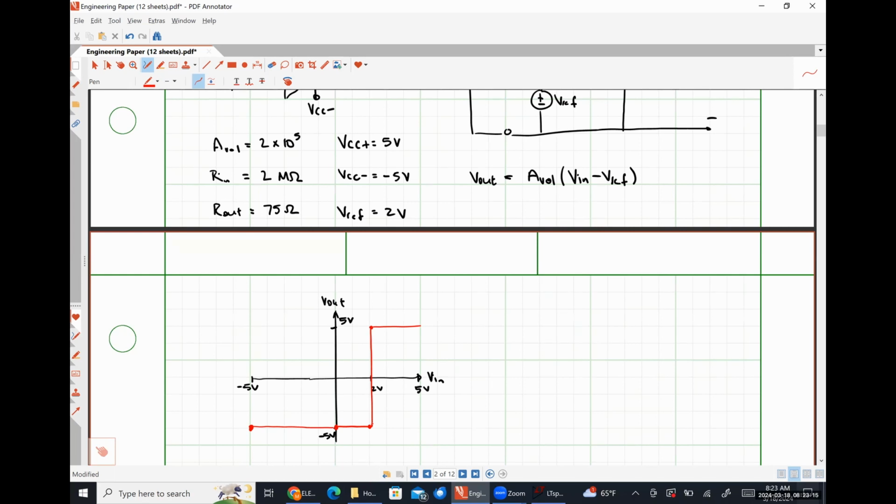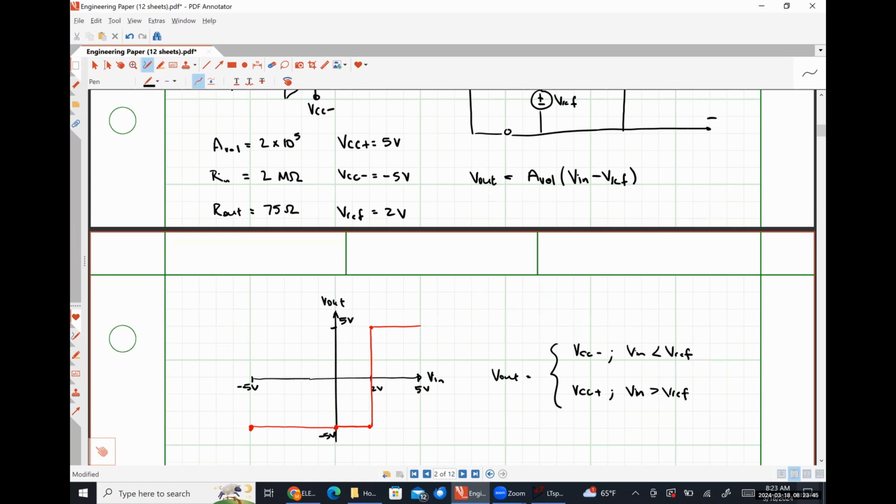And we can say that the output voltage for this device is simply VCC minus when Vn is less than Vref, and it'll be VCC plus when Vn is greater than Vref.